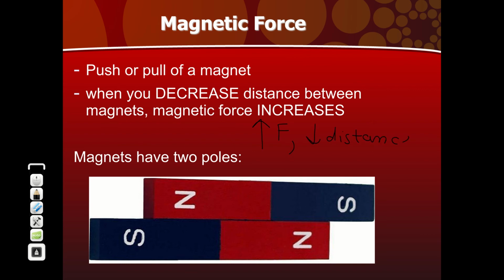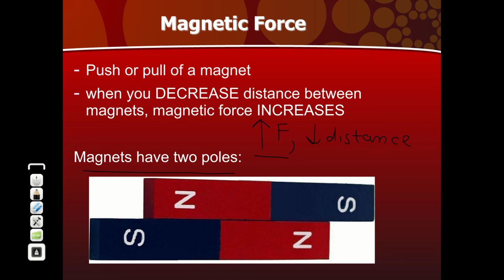And again, if you've ever played with magnets, you see that. If you hold them really far apart, there's no attraction. But as they get closer and closer, eventually there's a point where you get them close enough and they'll attach very quickly, like these two down here. So there's an inverse relationship between force and distance.